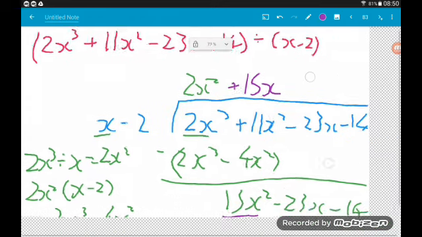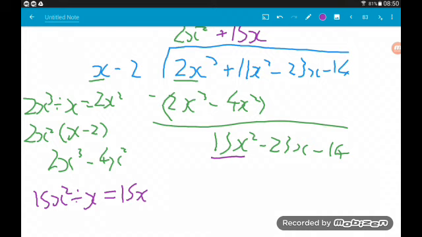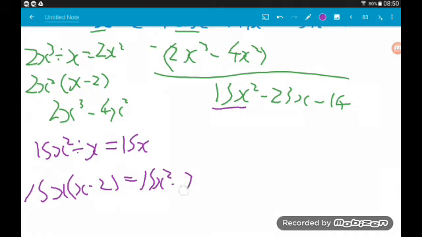Cracking. And then we need to do 15x multiplied by our divisor. So 15x times x minus 2 is 15x squared minus 30x.